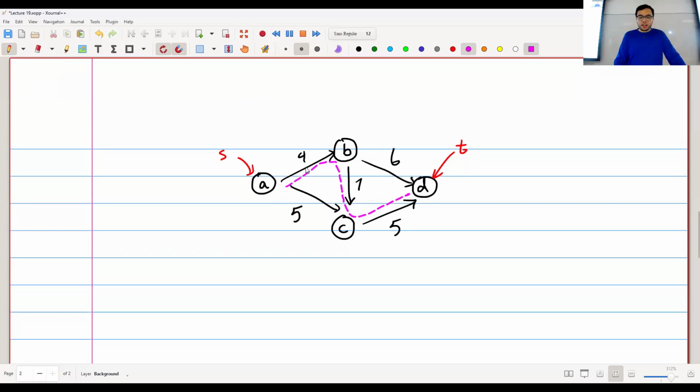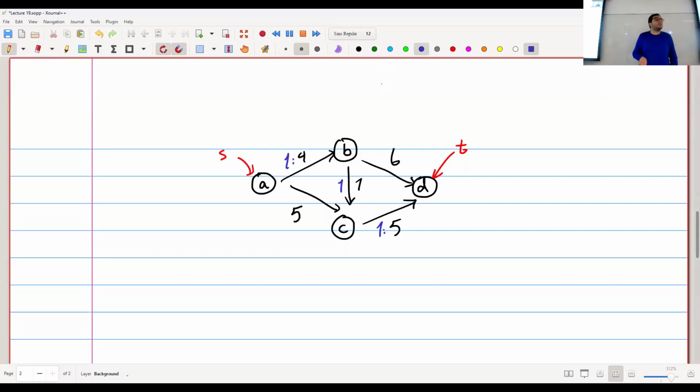So I can send 1 unit of flow along here. Let's say I write how much flow I've sent in blue. I send 1 unit of flow here, 1 unit here, and 1 unit here. Now my total flow from source to sink is 1.